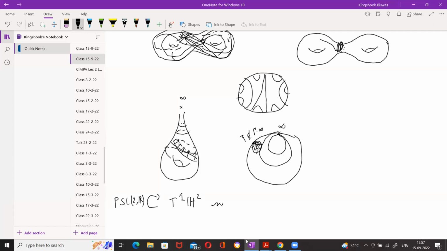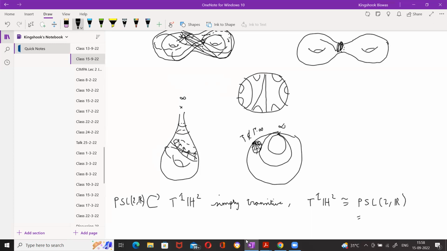So the unit tangent bundle is identified with the group PSL2R, the group of orientation preserving isometries of H2.